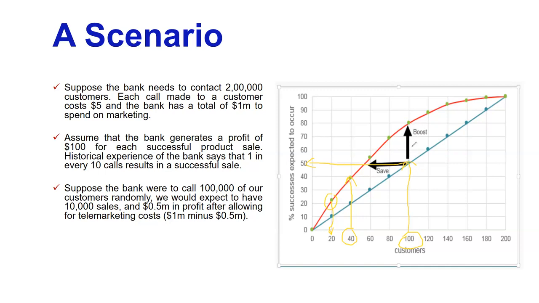Boost means increase the profit to a much better optimum level, for instance 80, by contacting the same 100,000 customers. Thus our goal is selecting the right 100,000 customers in such a way that the actual profit, which was 50 million, can be increased to 80 million or even higher if required. Can that be made possible?